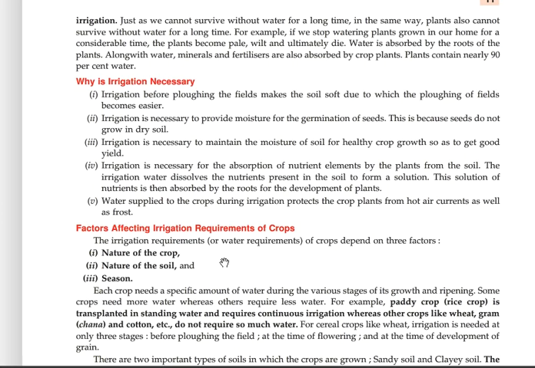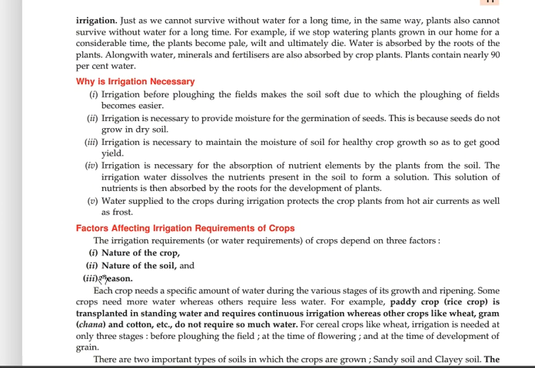Different types of soils have different carrying capacity of water. So nature of the soil is also a crucial factor for the irrigation of a field.